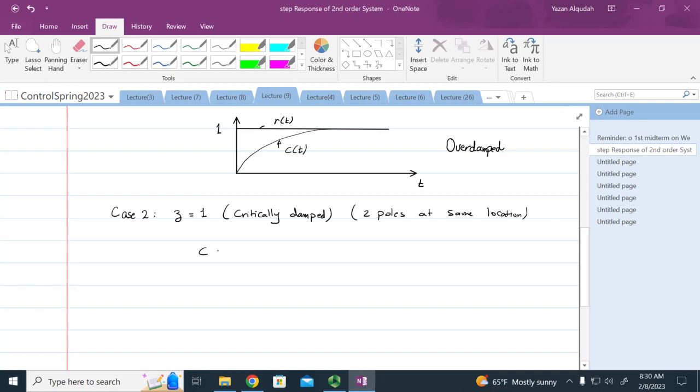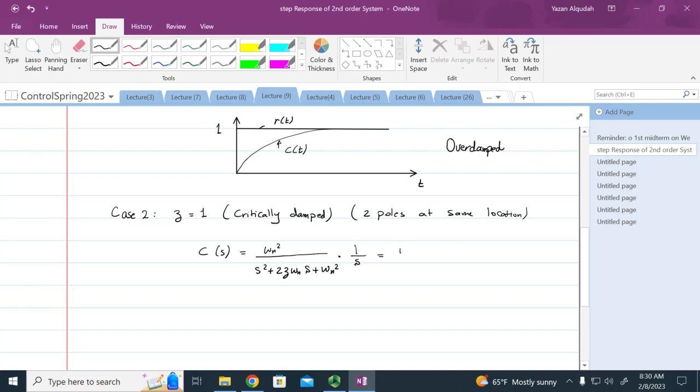So C of s is going to equal omega n squared divided by s squared plus 2 zeta omega n s plus omega n squared, multiplied by 1 over s.